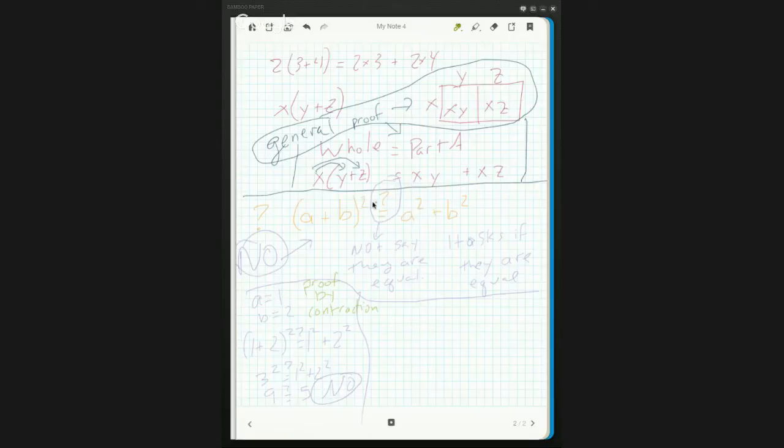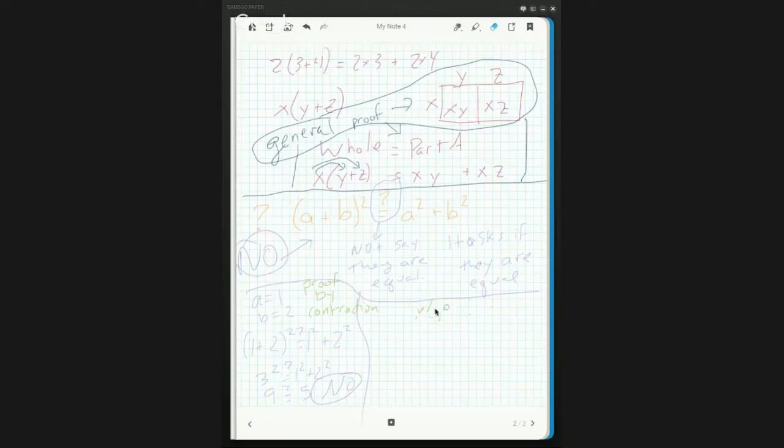If this is true, it's got to always be true. So you can know, for example, that x times y plus z equals xy plus xz. You can try this with any three numbers, x, y, and z in the world, and this will always, always, always be true.